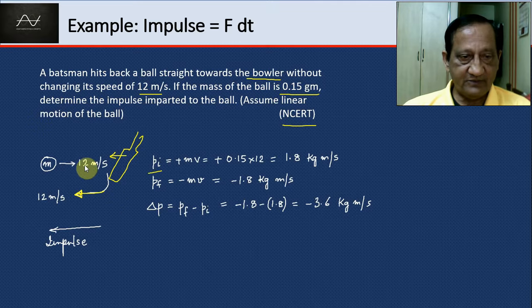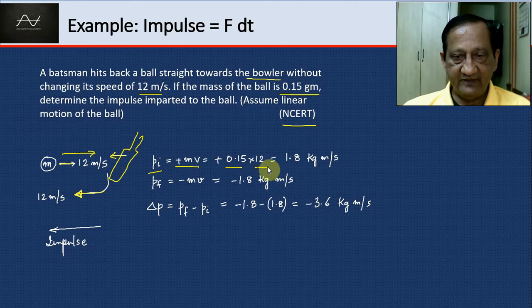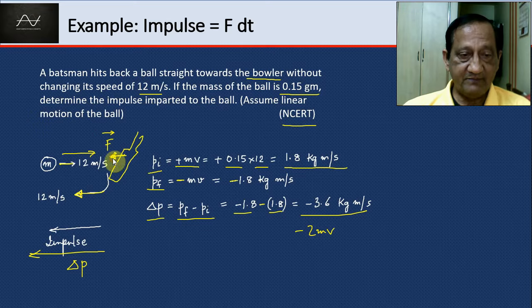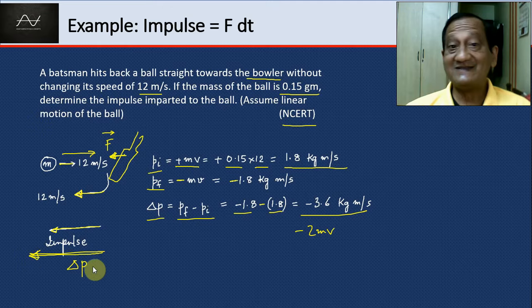So initial momentum is positive in this direction, plus mv, 1.8 kg meter per second. Final momentum is minus mv, minus 1.8 kg meter per second. Delta p is final minus initial, which is actually minus 2mv. Minus means this change in momentum is like this, and the impulse was also like this. Obviously, the force exerted by the batsman was like this. The impulse would be along the same direction, and the change in momentum will also be in the same direction.